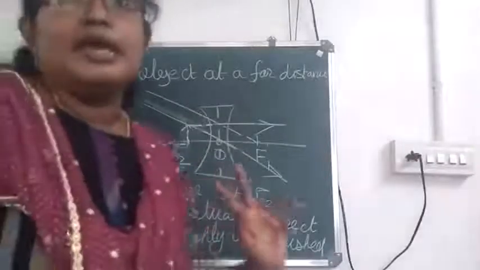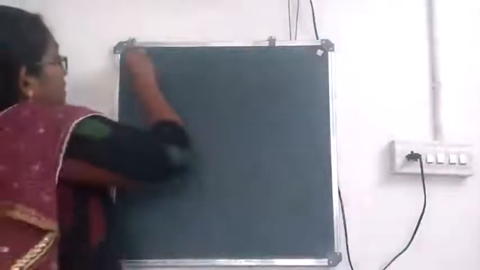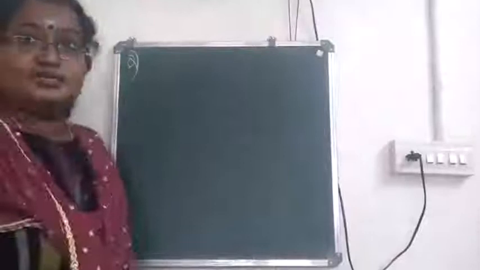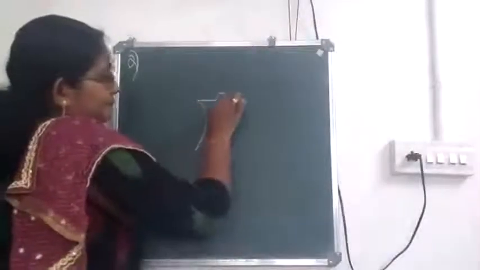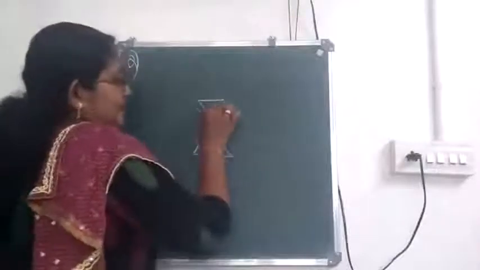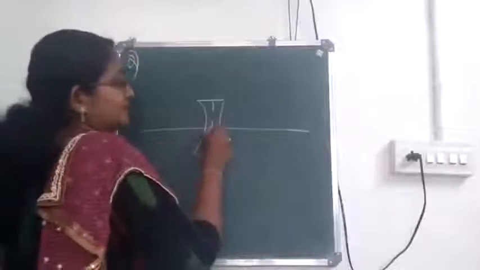Now we will be moving to the last one, that is the second one. So where should I keep the object? First I will draw the lens. Optic center.